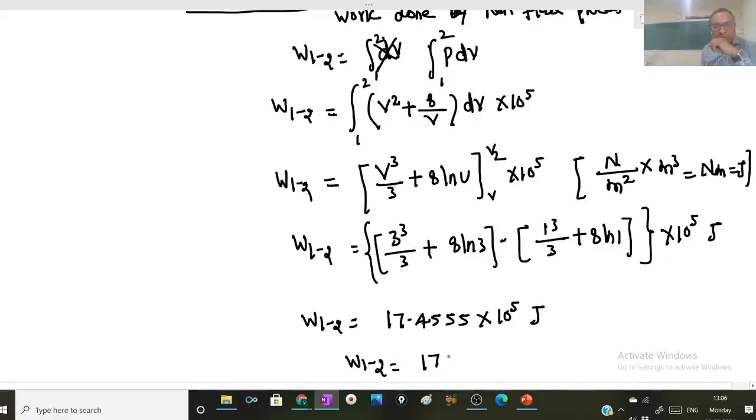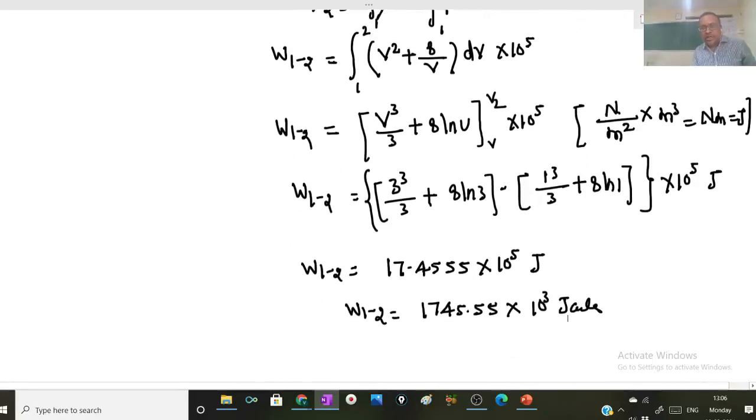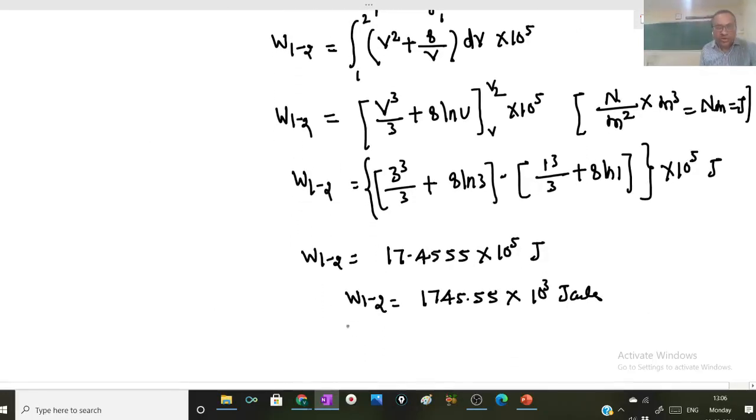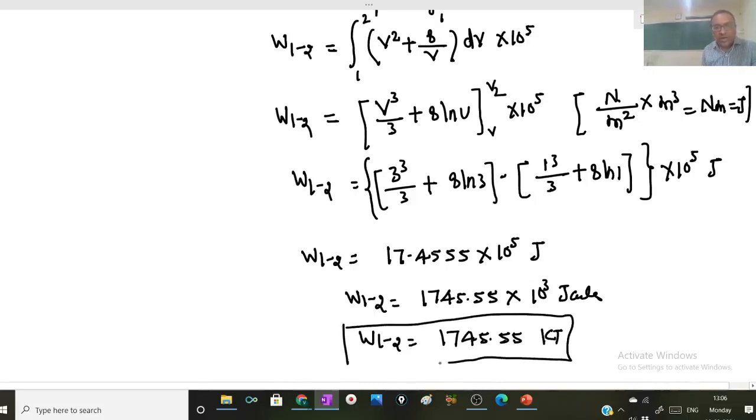It will be 1745.55 into 10 to power 3 joule. 10 to power 3 is nothing but kilojoule. W12 is 1745.5 kilojoule. So this is the required answer.